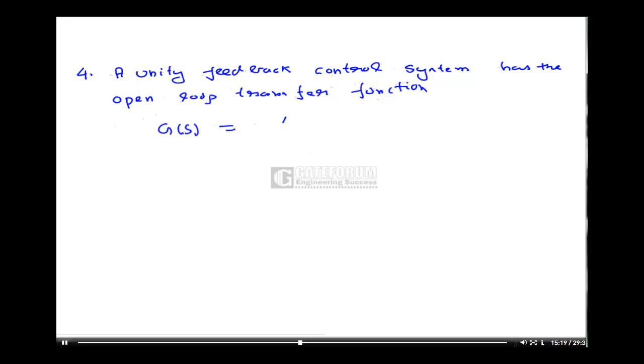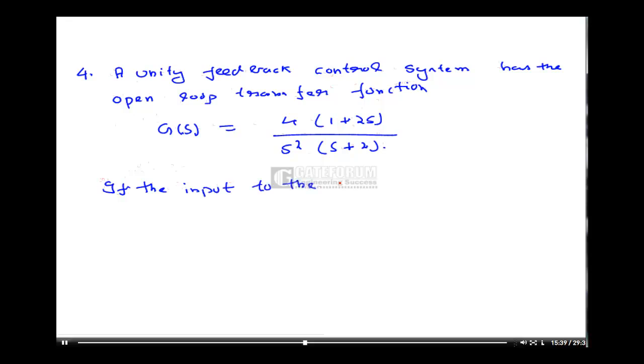G(s) is equal to 4 times (1 plus 2s) upon s square (s plus 2). Now to this control system, if the input to this system is unit ramp, then we have to find the steady state error.